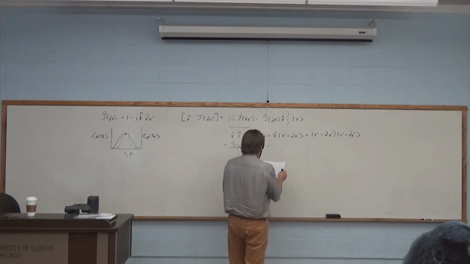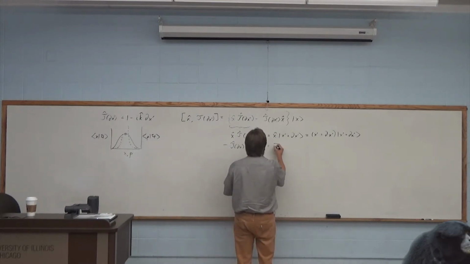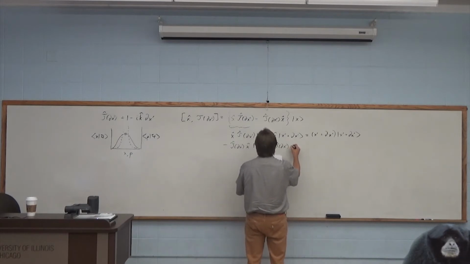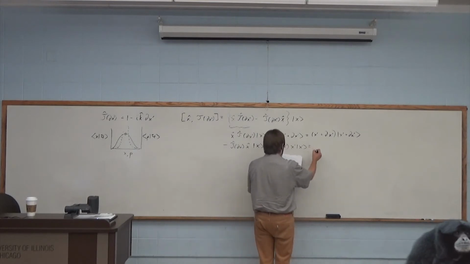Let's see, what have I done? Okay. I'm going to just remind you that that minus is because we're subtracting this from the first term. It's not there on its own. Okay, the position operator, of course, returns the eigenvalue, which we talked about last time.